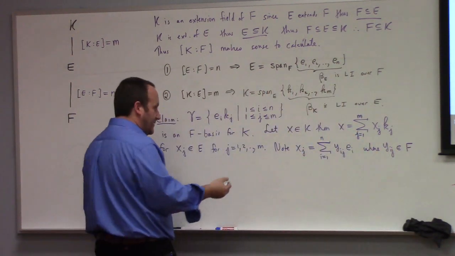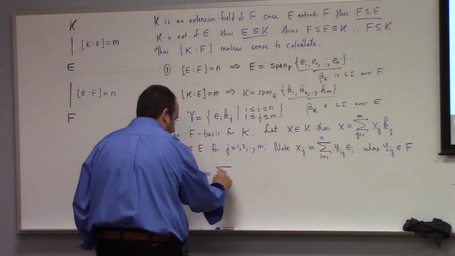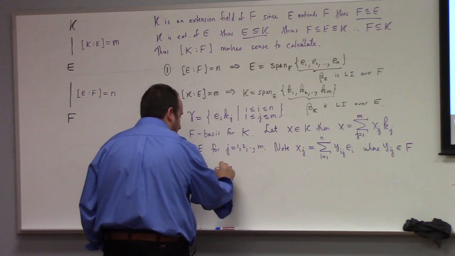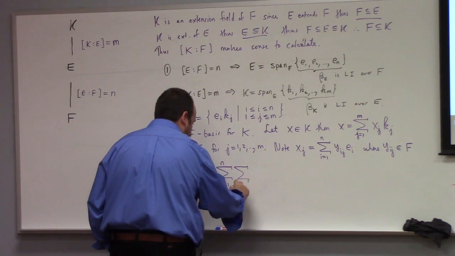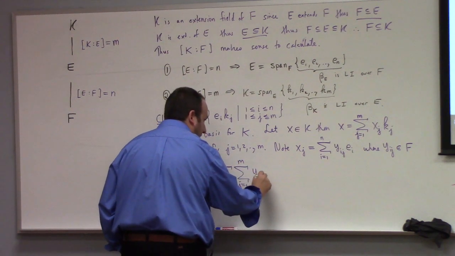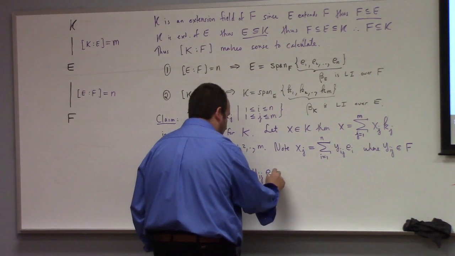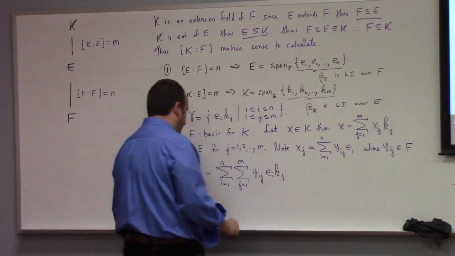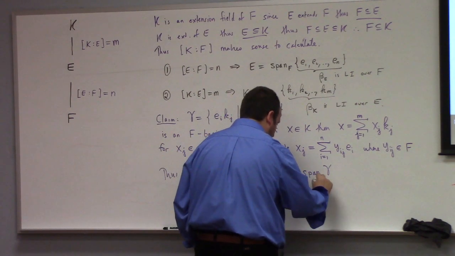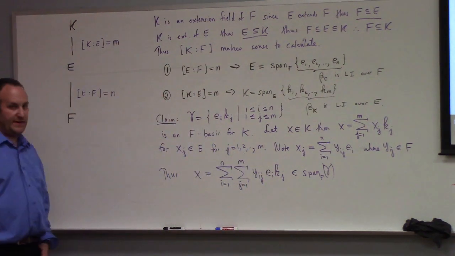Put it all together, what do you got? x is equal to the sum i equals 1 to n, sum j equals 1 to m of y_ij e_i times k_j, which of course is an element of the span of gamma with F coefficients as advertised. Therefore, gamma is a spanning set.